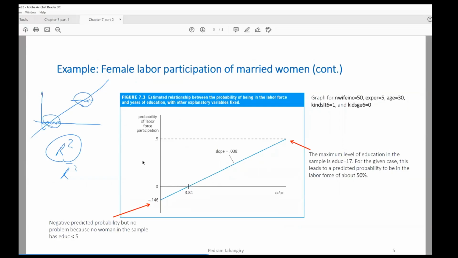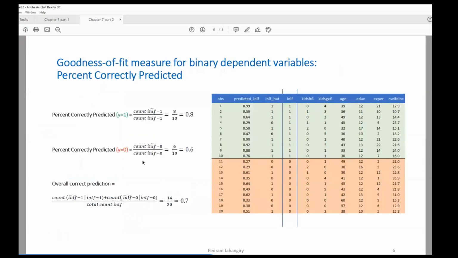So we have to count the misclassification. For instance, the model says she participated in the labor force, but in reality she didn't. This is misclassification. So we need to count the number of correct calls of the model and divide it by the total number of observations. This is the measure we call accuracy, and we're going to use it.